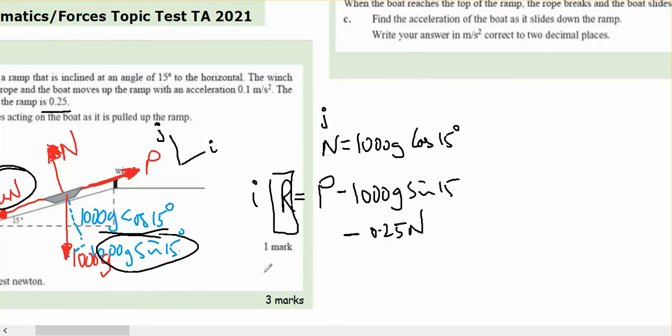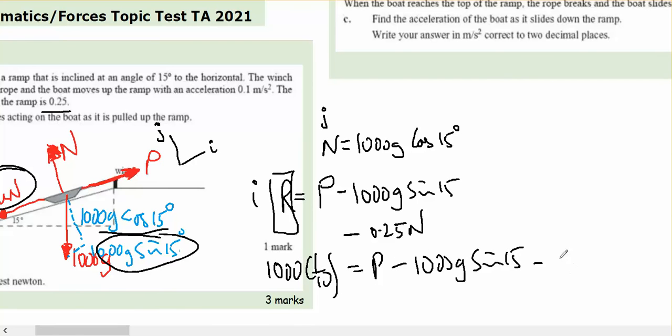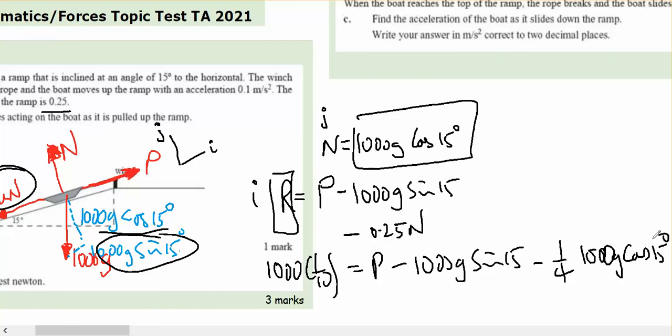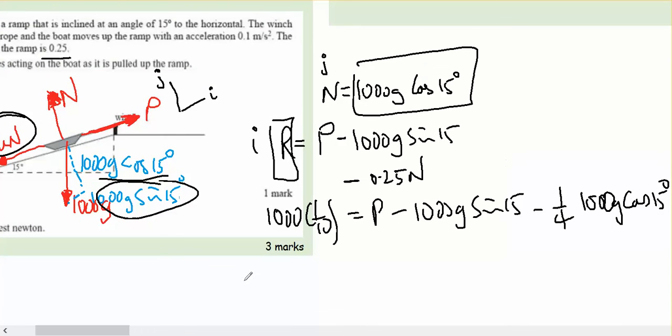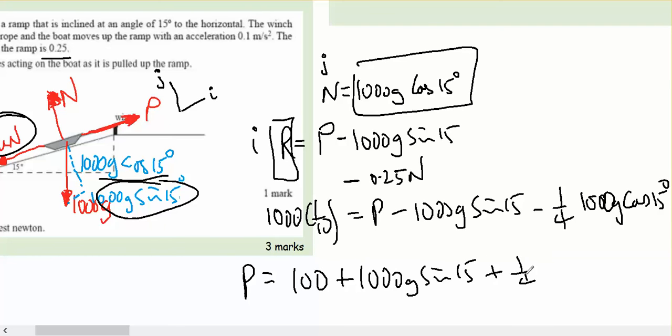I'm going to replace R with MA, which is 1,000 times 1/10, equals P minus 1,000 G sine of 15 minus 1/4 times N, which is 1,000 G cos of 15 degrees. That means P equals 1,000 times 1/10, which is 100, plus 1,000 G sine of 15 plus 1/4 of 1,000 G cos of 15.